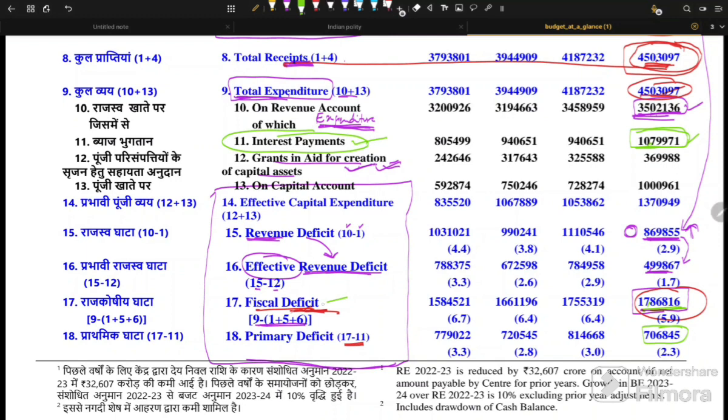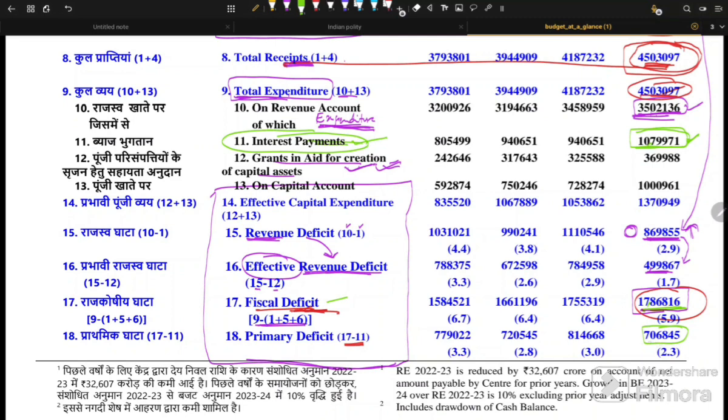Or we can also say fiscal deficit means borrowing. How much is the borrowing? 17 lakh something. If the government borrows this much, the majority part is just going to interest payment. It is not creating any asset. This is the essence of this term, primary deficit.